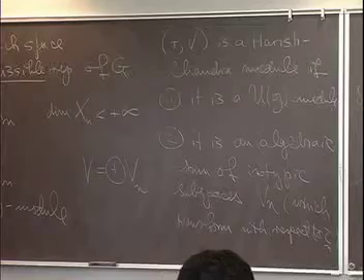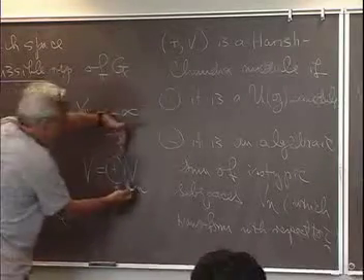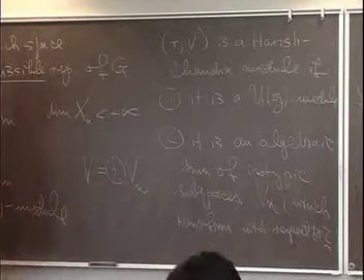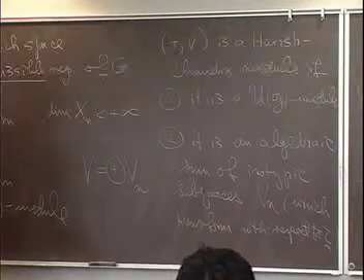And of course, here on each Vn, the group K acts by tau n, so I can differentiate it.